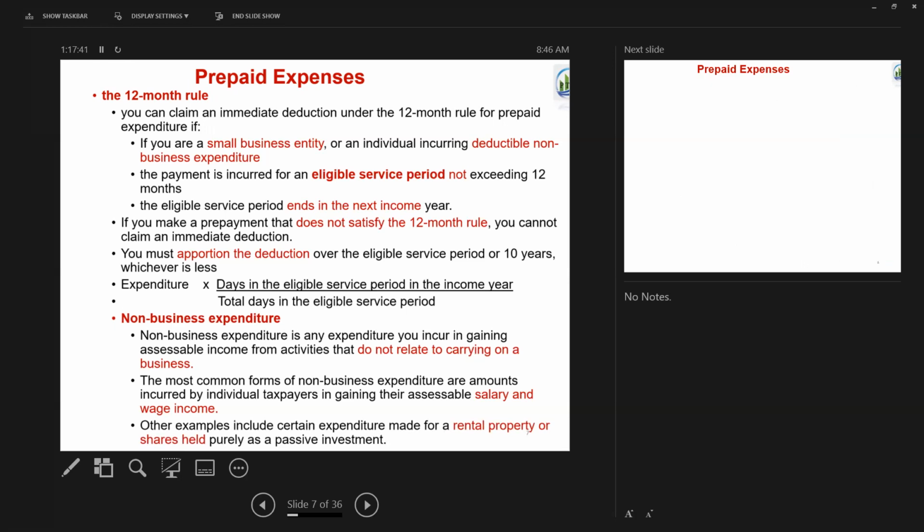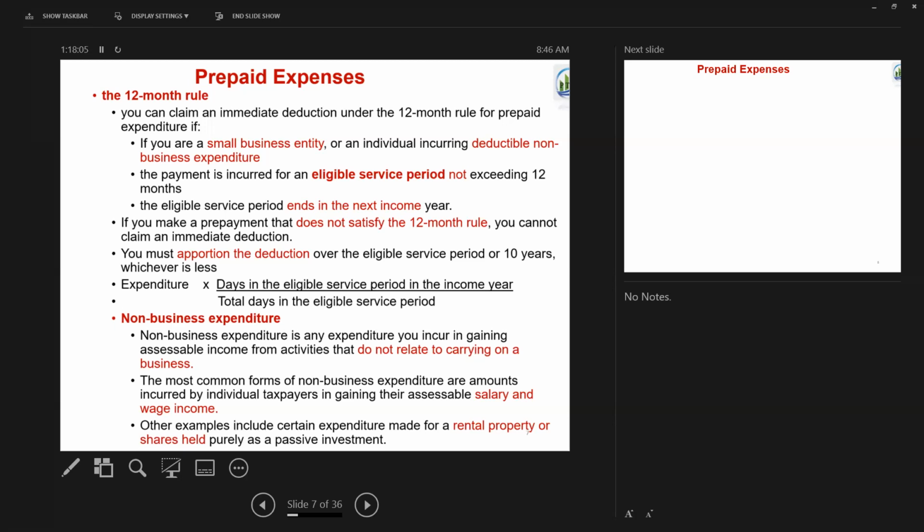So what we are trying to say is, if you have not satisfied the 12-month rule, now we are normally using our accounting rule. You check how many days that particular amount belongs to this financial year, and based on that you calculate. For example, if you paid $1,200 for 365 days of insurance, how many days are in this financial year?